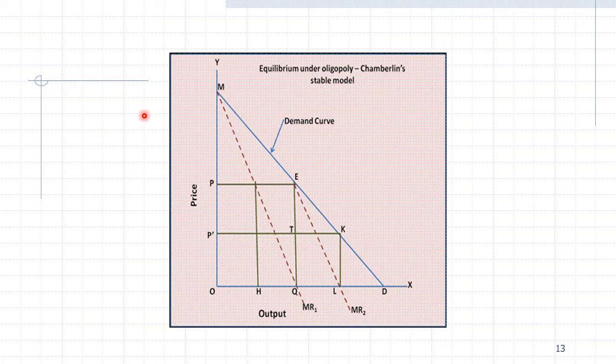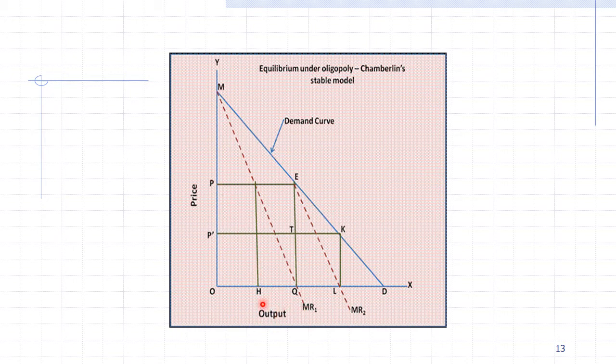Now he thinks his portion is ED. His demand curve is ED, and his corresponding marginal revenue curve is MR2.